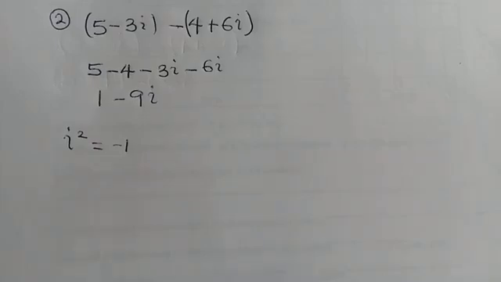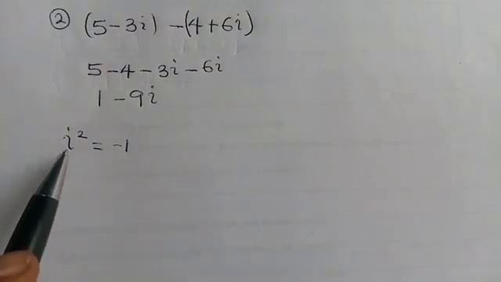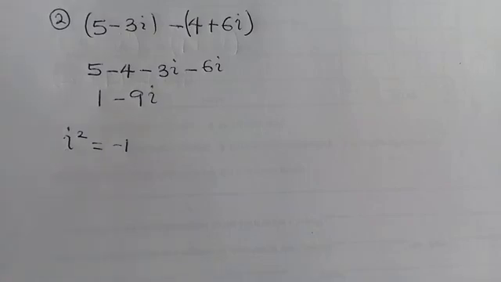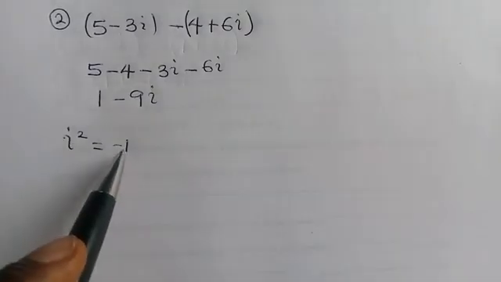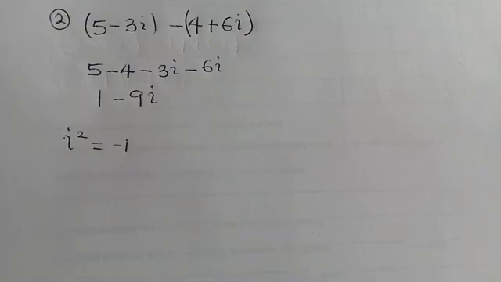That is, when dealing with multiplication of complex numbers, a time will come where we'll need to multiply i times i. That is i squared. And that value is equal to minus 1. So let's take note of this as we multiply complex numbers.